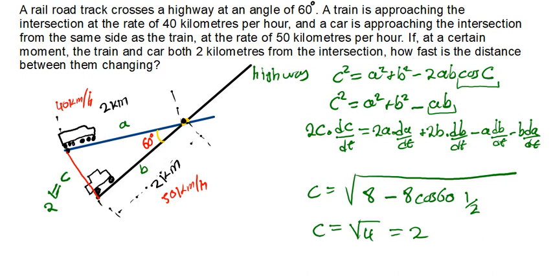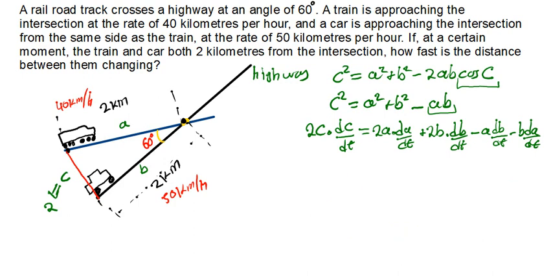Now we have everything we need to replace in that equation. 2 multiplied by c is 4, so 4 dc/dt equals 2a, and our a has been given as 2, so this is 4, multiplied by dA/dt, the rate of change of a with respect to t.